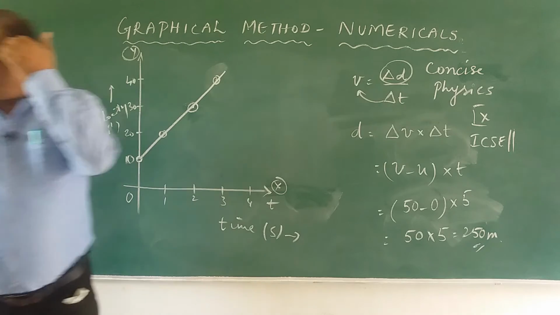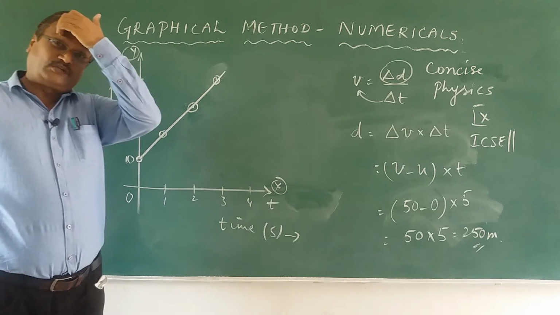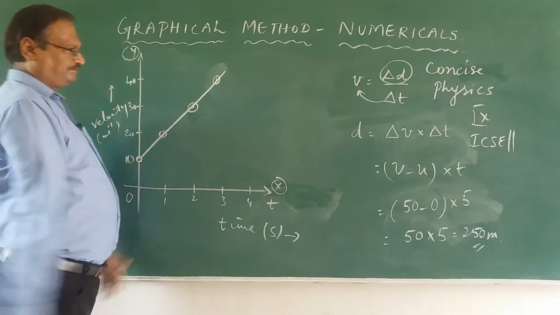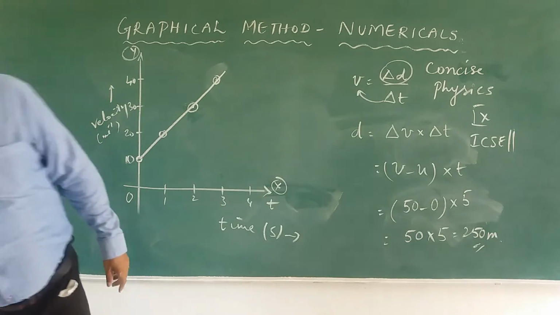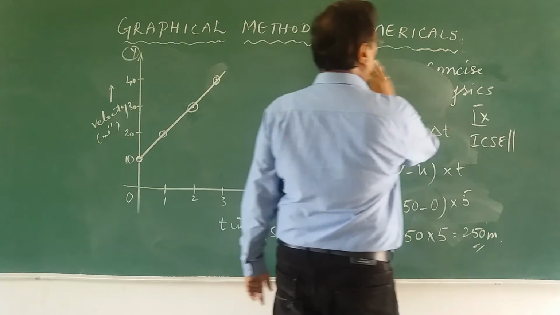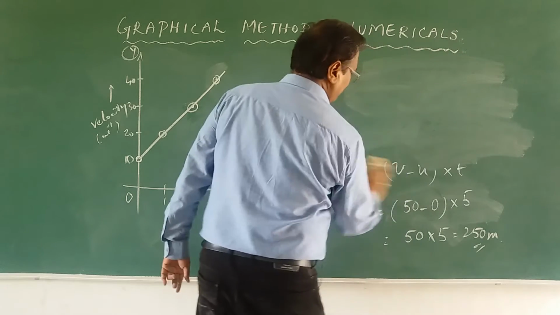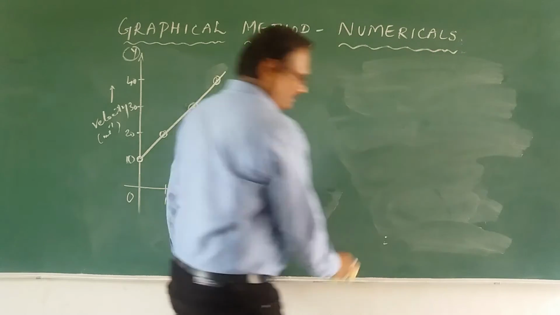From this graph, they are asking you to find out the displacement. Now you have to watch very meticulously how I am doing it, and you will be able to do this problem.